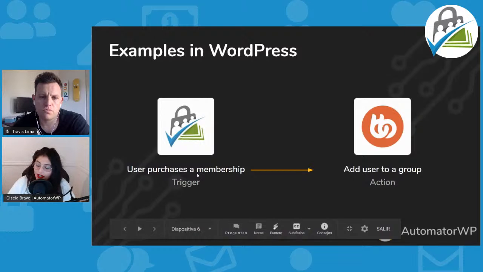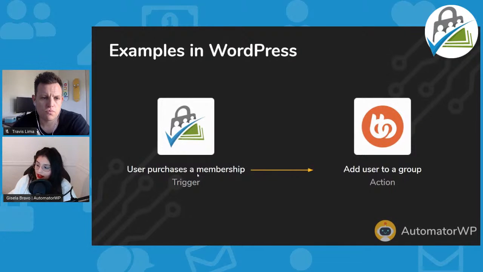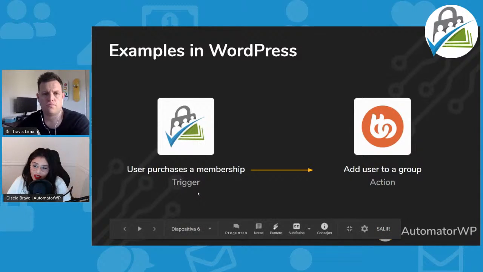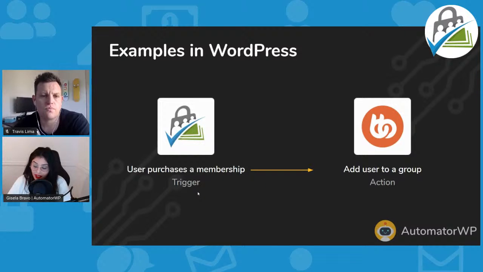Let's review which are the items in an automation. When a user purchases a membership, this is a trigger. Okay, if the user does not purchase any membership, the automation doesn't happen anyway.